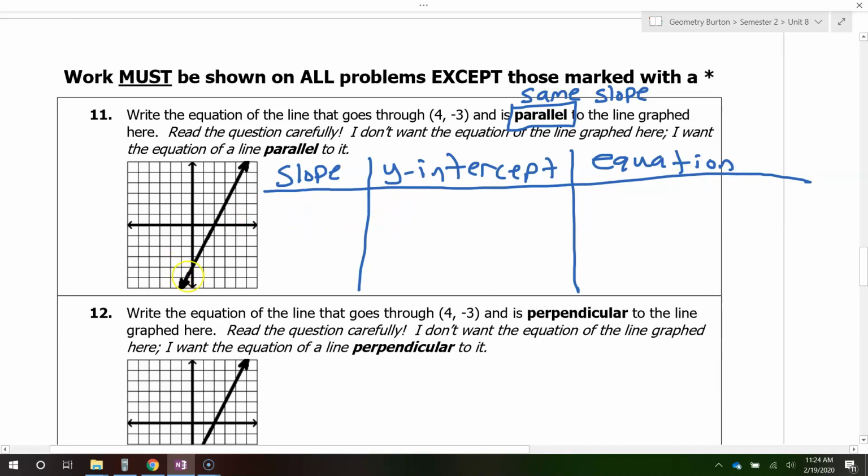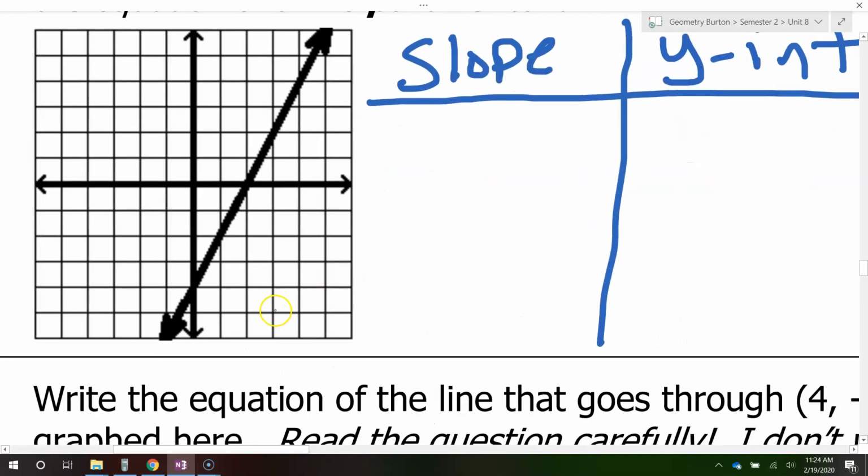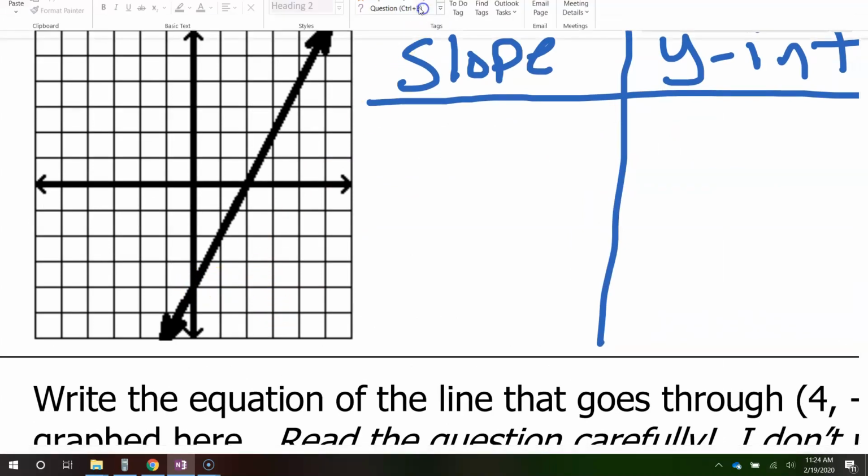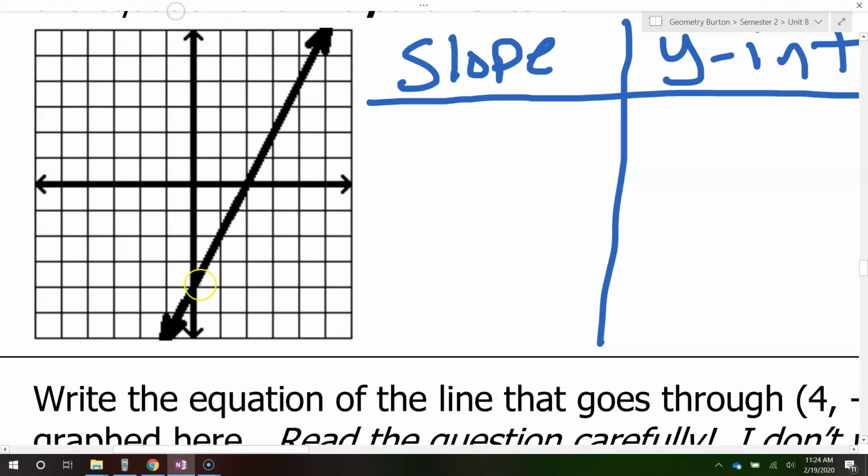All right, so what is the slope of the line that is graphed? Because I'm just going to keep the slope the same. So let me zoom in really closely so we can play around with the slope. Okay, we need to pick 2 points on the graph, like this one, and I guess any of these would be good.